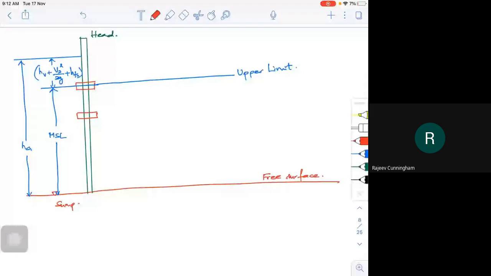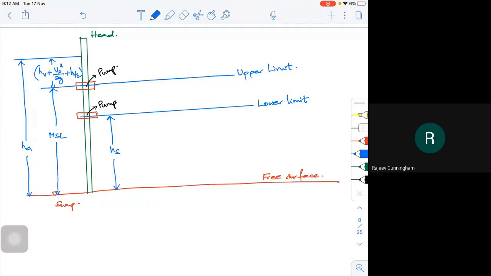This is where you are supposed to install theoretically, but I am installing my pump at this particular point. So this becomes my lower limit, and this is my suction head.